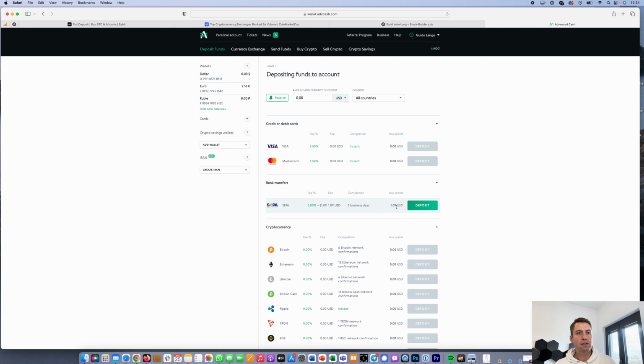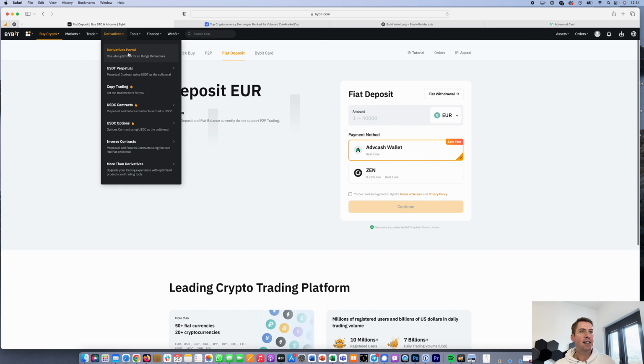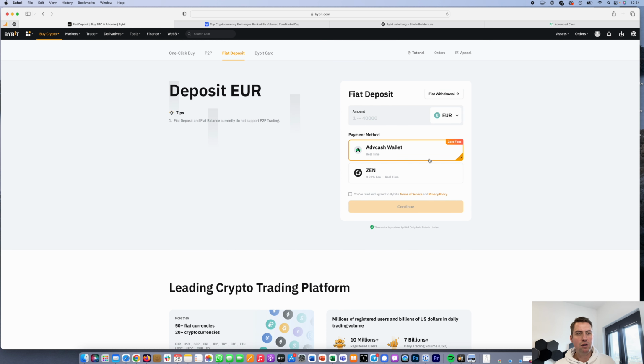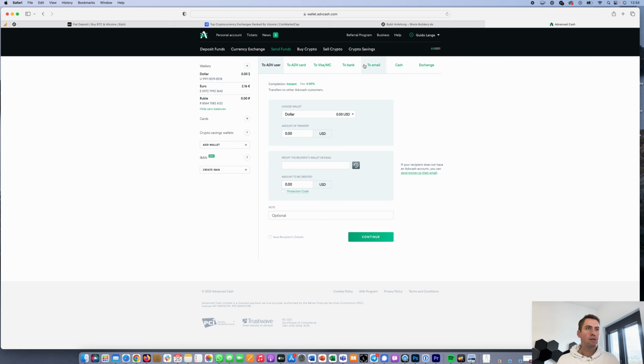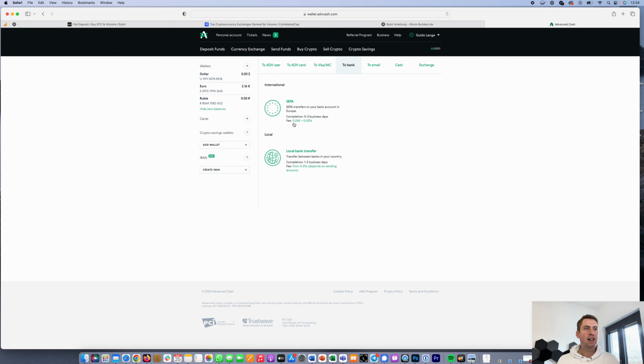Then you can send it for free to Bybit and use it on the exchange to trade. So that's the cheapest way. You can also withdraw with them. I'm in Europe, and I think it's around €5 for the withdrawal to a bank account and 0.5% as a fee.